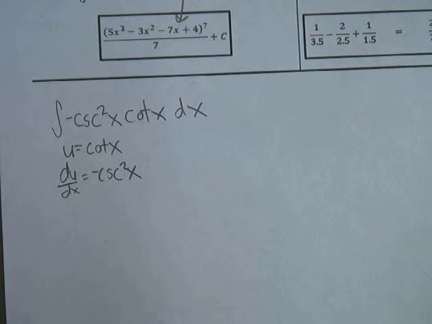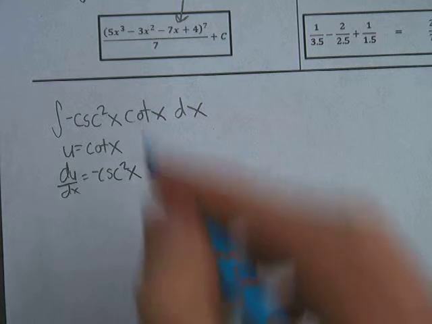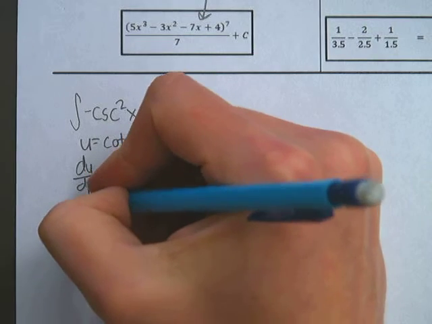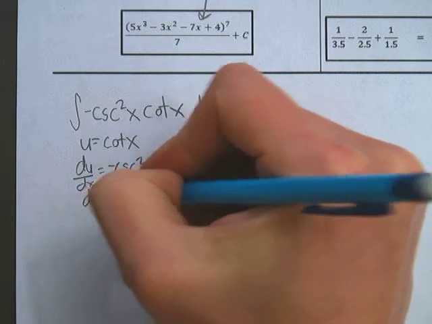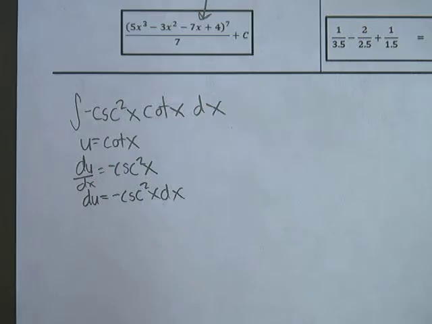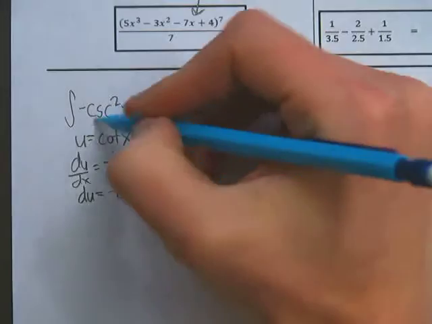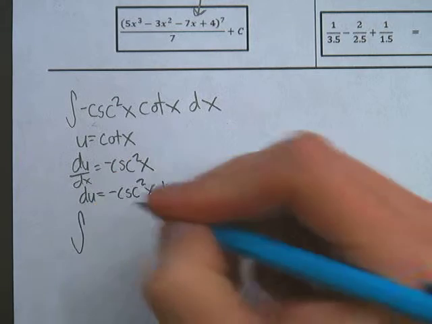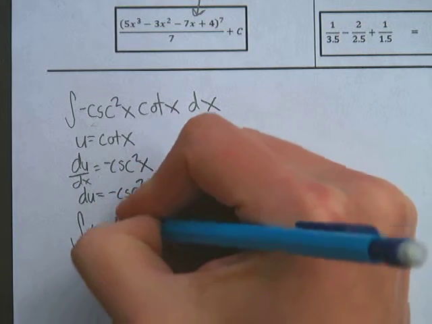When we multiply the dx over, we get du equals negative cosecant squared x dx, which matches what we have here, and we'd rewrite our integral as u du.